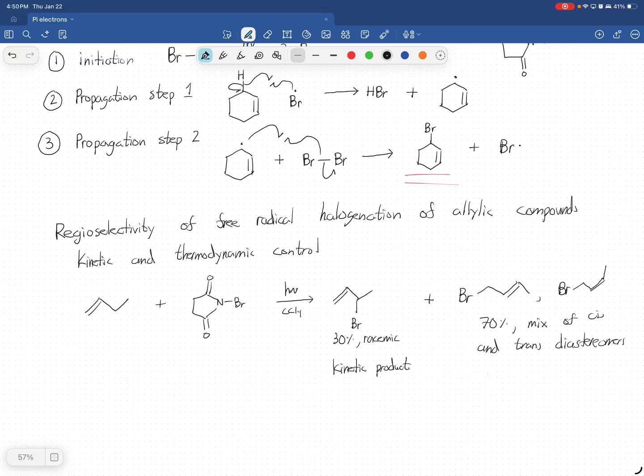Okay, this is the thermodynamic product. And next time I'll explain exactly how each of these products form and when you can expect to get one product versus the other. We can actually control this by temperature of the reaction. Okay? All right, that'll be it for today.